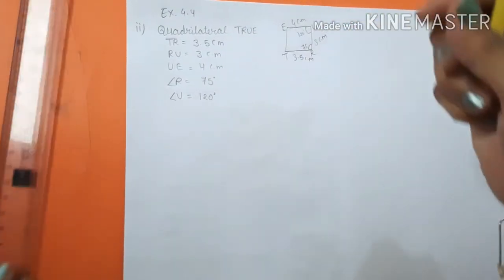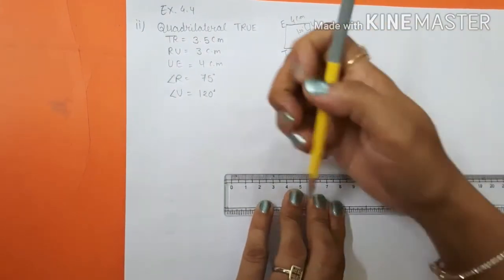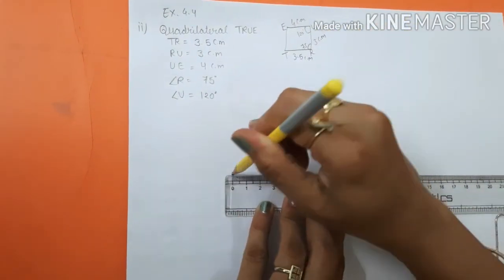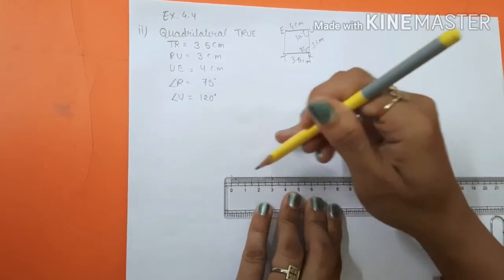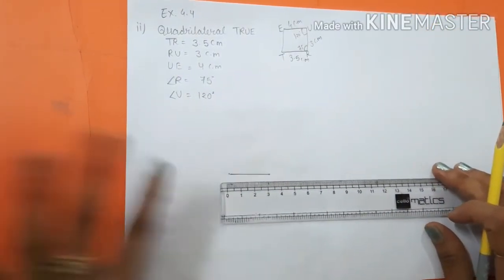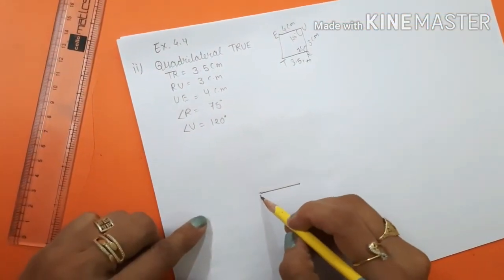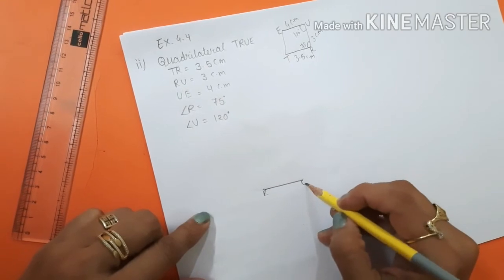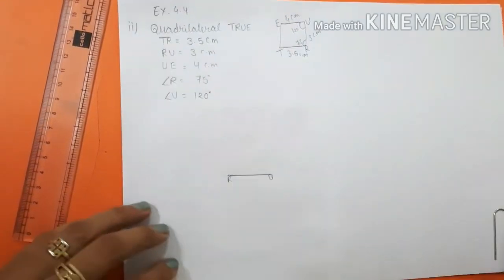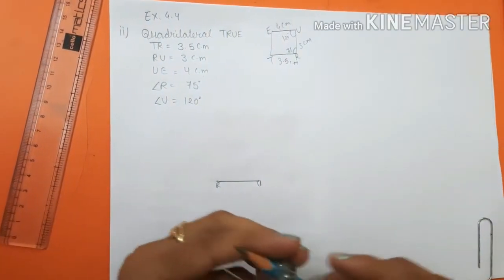So we'll measure 3 centimeters here. This is RU. Now we'll measure the angle of 120 degrees at U.